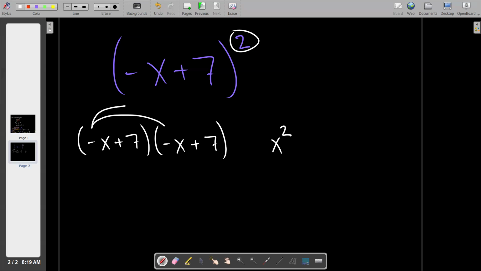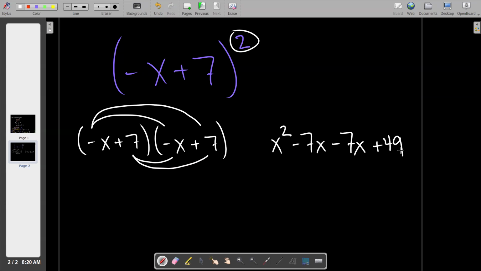What is negative x times positive 7? Negative 7x. But we haven't connected everybody to everybody. There's still this positive 7 right here where I'm moving my pen. He's like, I got to multiply by those other homies too. So now if we take this 7 times this negative x, what do we get? Another minus 7x. And finally, positive 7 multiplied to positive 7, we get positive 49, and then we simplify.